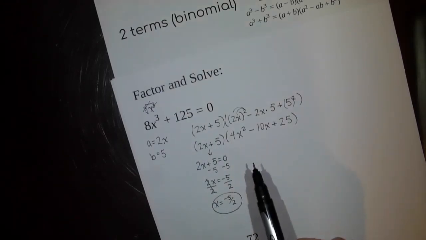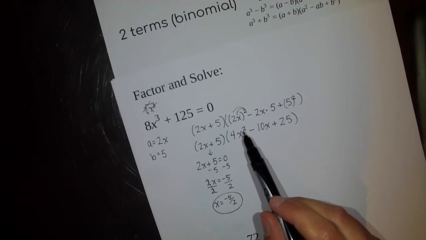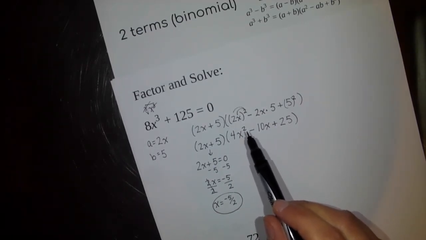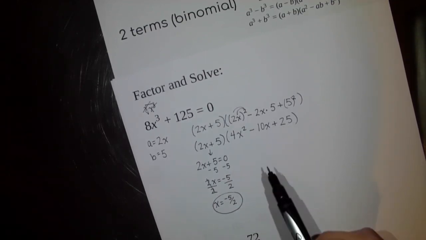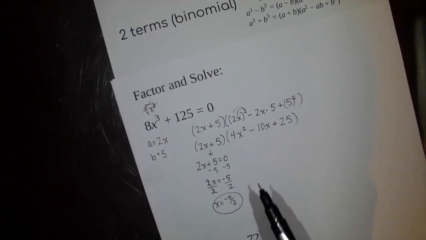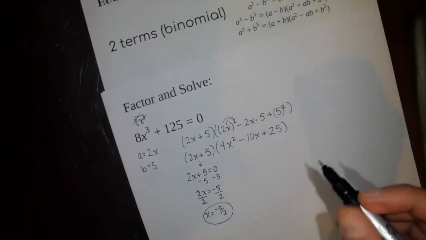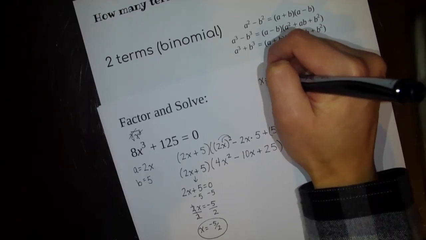Quadratic formula can only be used when our highest exponent is x squared. If this was x to the fourth, then it's no longer a quadratic expression. So x squared is what makes this a quadratic and why we can use the quadratic formula. So let's write the quadratic formula up here.